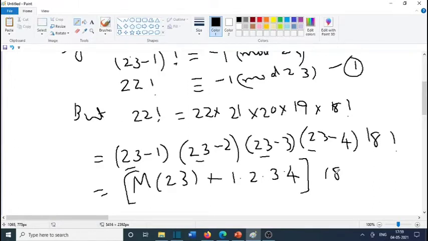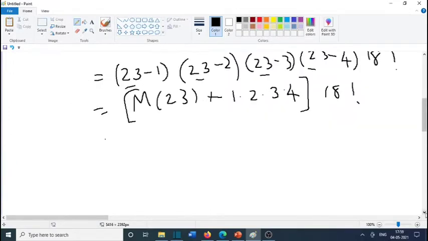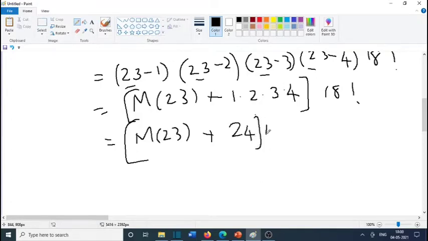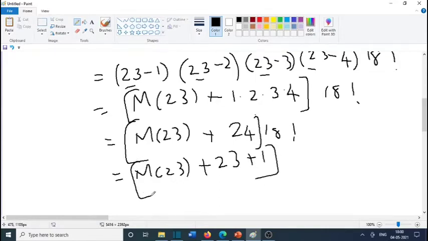Whole into 18 factorial. Now 1 into 2 into 3 into 4 is 2 into 3, 6, into 4, 24, into 18 factorial, which is equal to a multiple of 23 plus 24 into 18 factorial. 24 is 23 plus 1. Now a multiple of 23 plus 23 is a multiple of 23, plus 1 into 18 factorial.